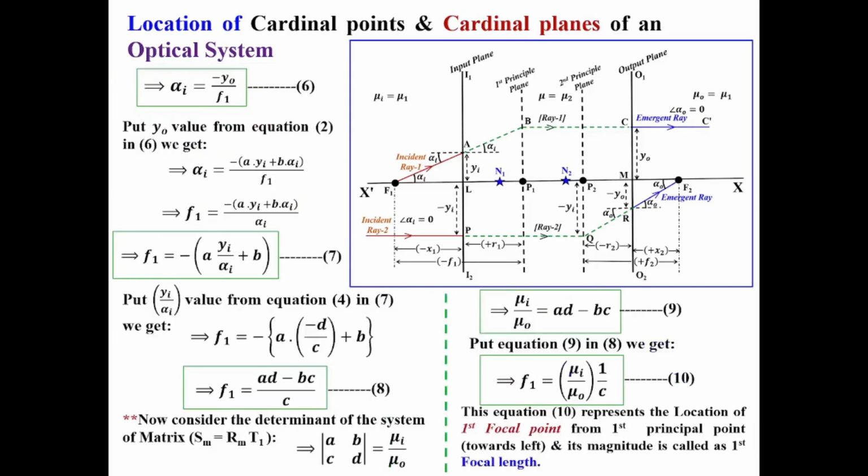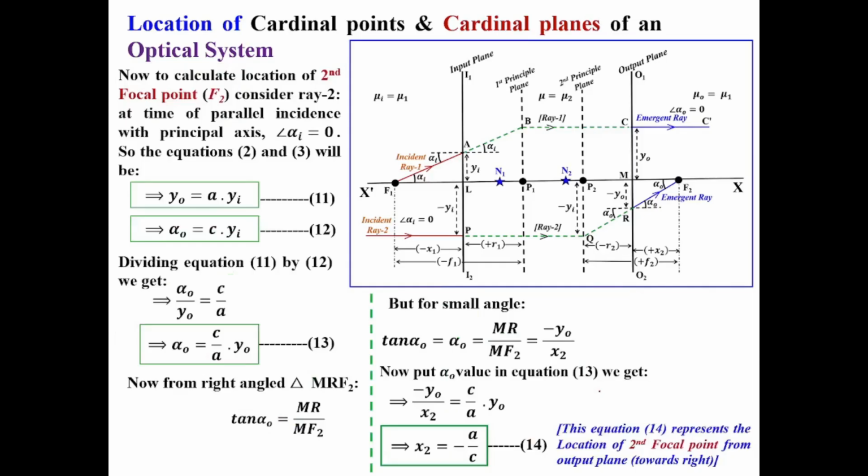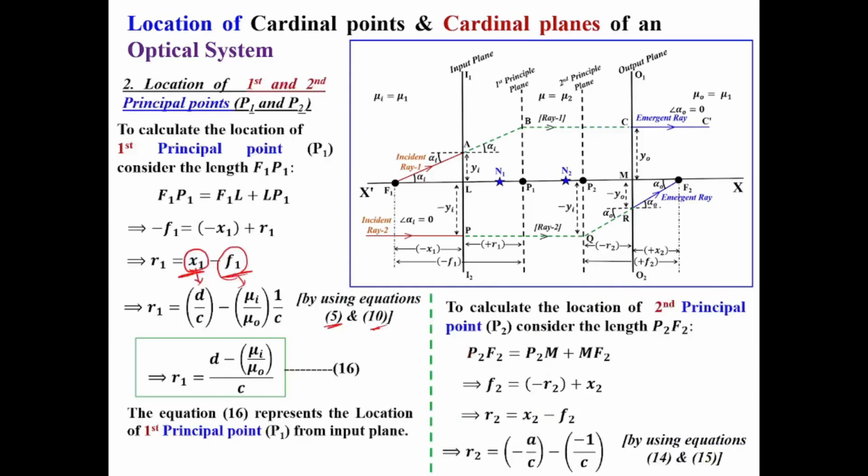In equation number 10, f1 is equal to mu I by mu o into 1 by c. Here we substituted these in place of x1 and f1. After simplification, we found R1 equals d minus mu I by mu o, whole divided by c. Let this be your equation number 16. Equation 16 represents the location of the first principal point P1 from the input plane.